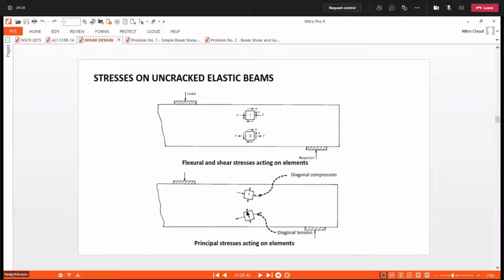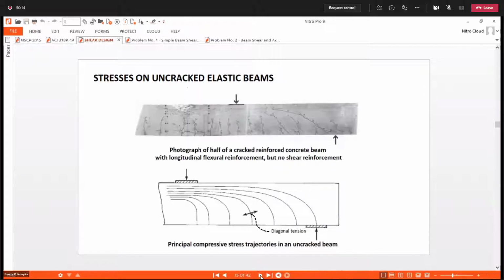What you notice here is that the stress is in compression, and the direction is diagonal toward this direction. And look at this upper part, the diagonal line also represents the trajectory of this principal stress, which is in compression. So if we plot these trajectories, we have this one.